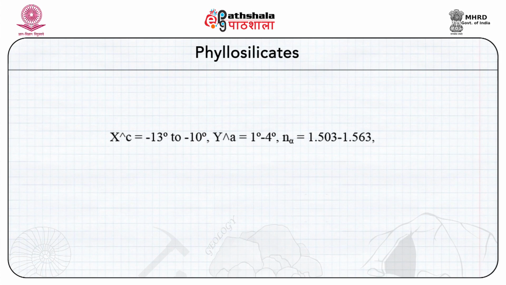N alpha varies from 1.553 to 1.563. N beta is equal to 1.559 and N gamma is equal to 1.560 to 1.570. The 2V angle varies from 24 degrees to 50 degrees. They are known to have low to moderate positive relief in thin section.